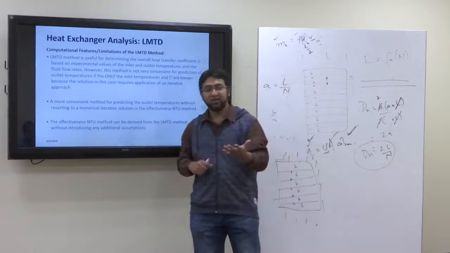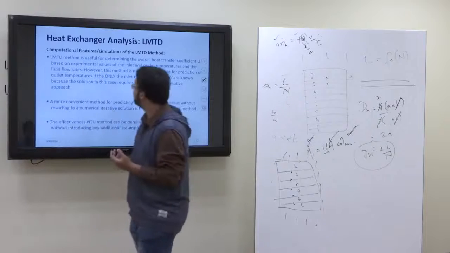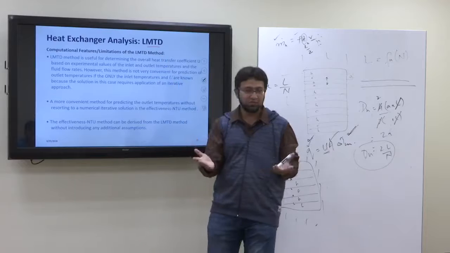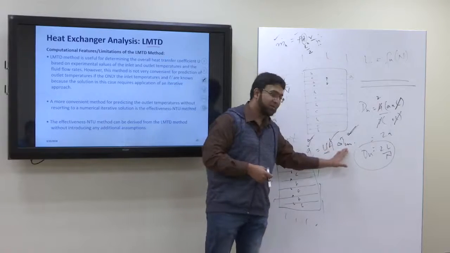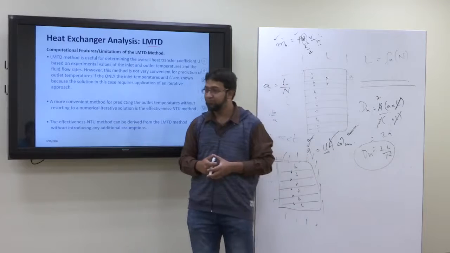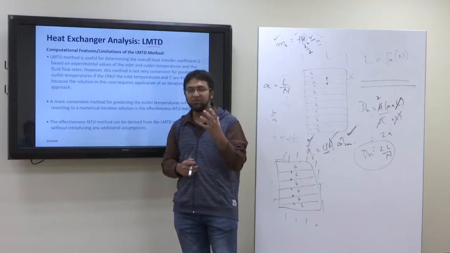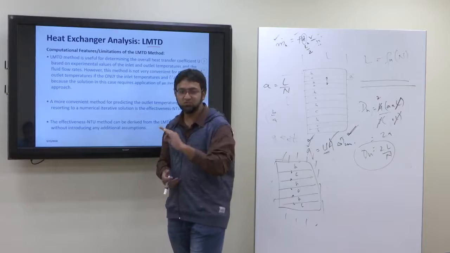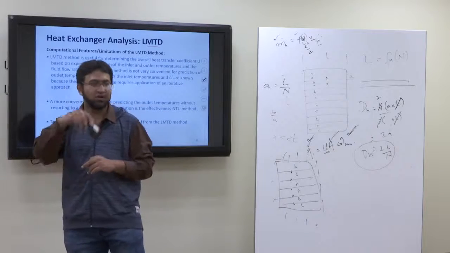There is another type of analysis which is very common. The method we have been using for the last two examples was known as the LMTD method because it used delta T_LM. This method has a limitation: you need to know the inlet and outlet temperatures for both the hot and the cold fluid.